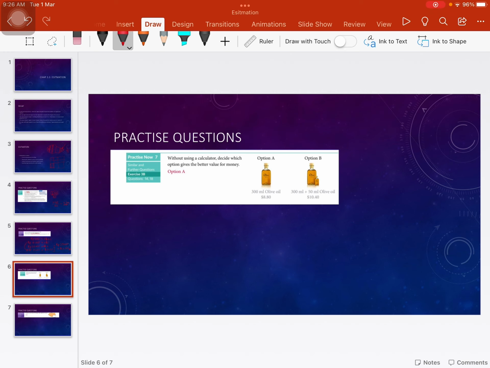So you have 300 ml. That will give me $8.80. Now, because here we have an extra 50 ml, right? What I'll do is I'll try to bring it down. So assuming this is about $9, I can approximate this because I'm using mental calculation, right?